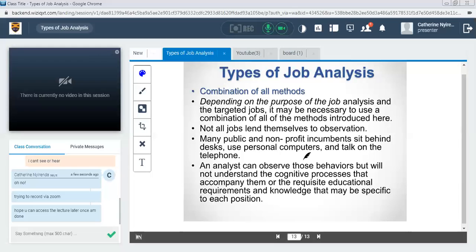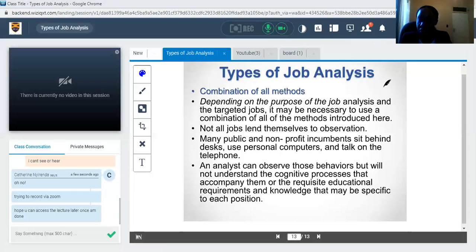There are certain jobs where the job analyst conducting the observation is able to pick up one or two things just from being in the same vicinity as the person doing the job.